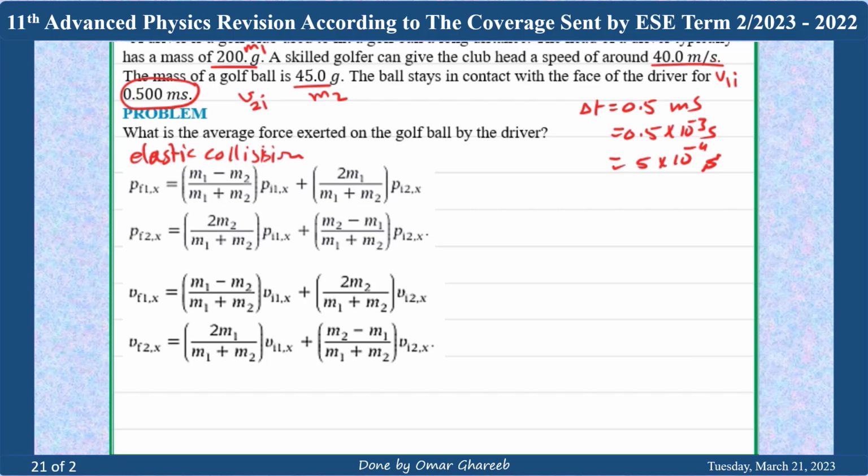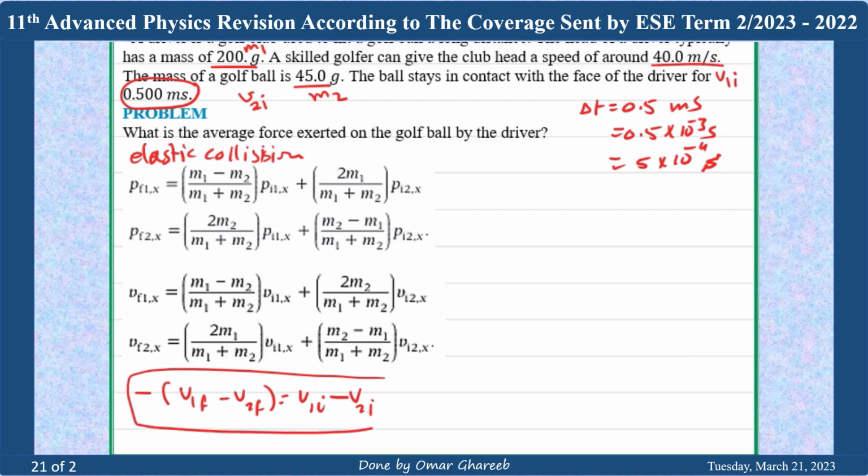We have an extra equation: minus (V1 final minus V2 final) equals V1 initial minus V2 initial. The hidden formula.